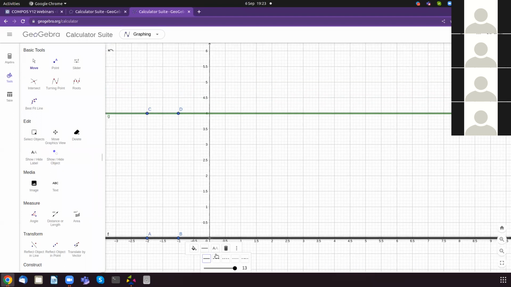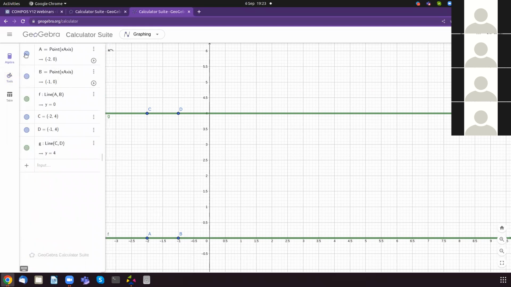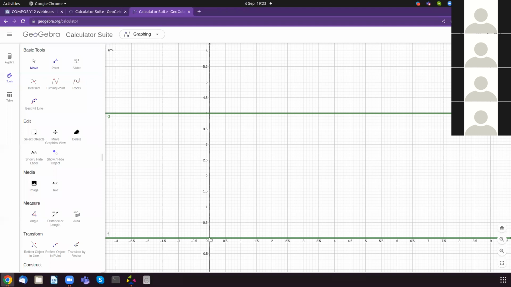Thicker and greener. Okay, and go to algebra. We're not interested in those points. Let's say we start at point, here, E.